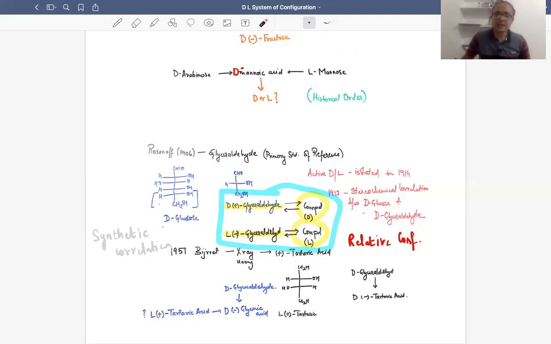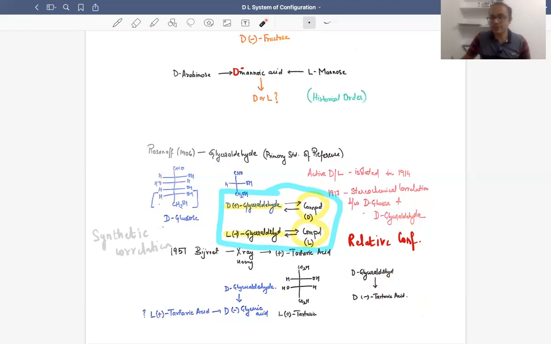So that structure proposed by Fischer was correct. Now, where do we place this? Whether it belongs to the D family or the L family is simple to understand because we do a synthetic correlation. People were able to synthesize the levorotatory tartaric acid from D-glyceraldehyde.